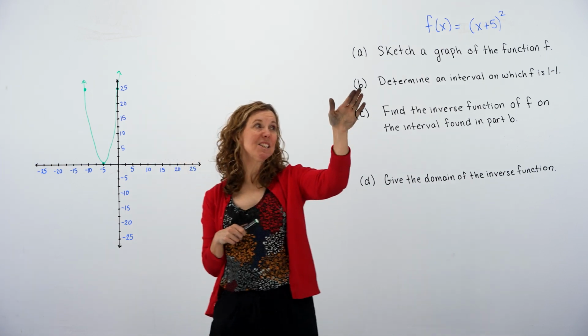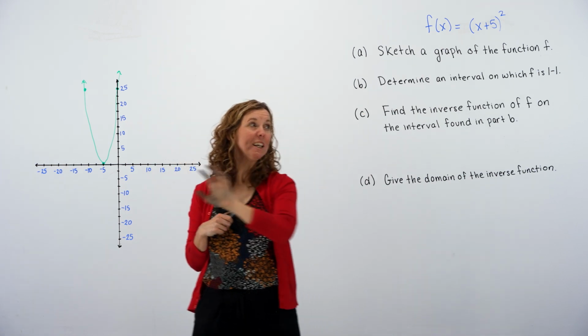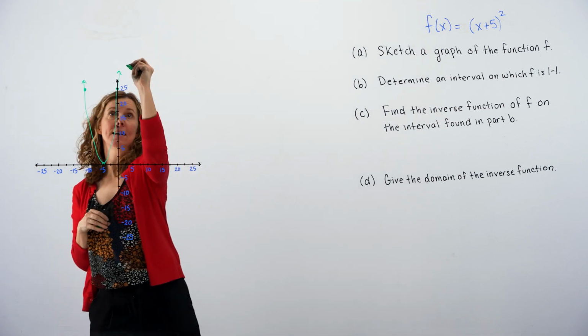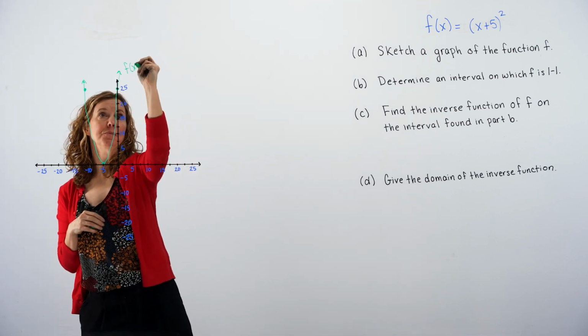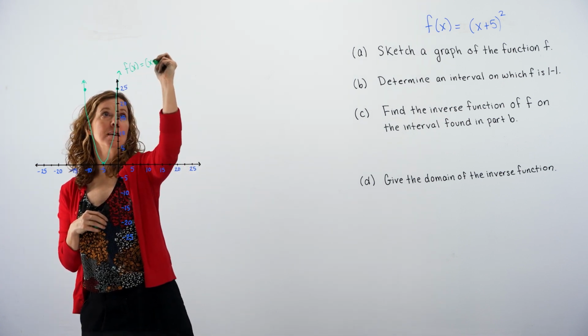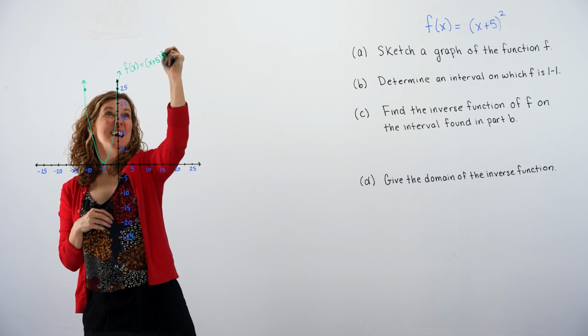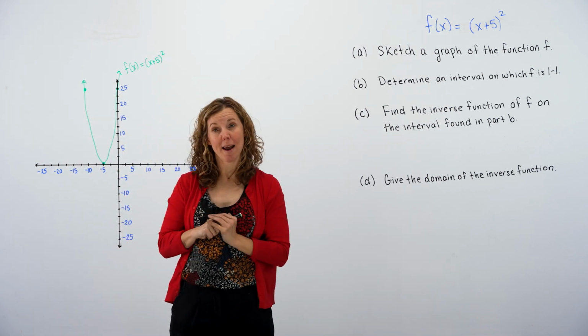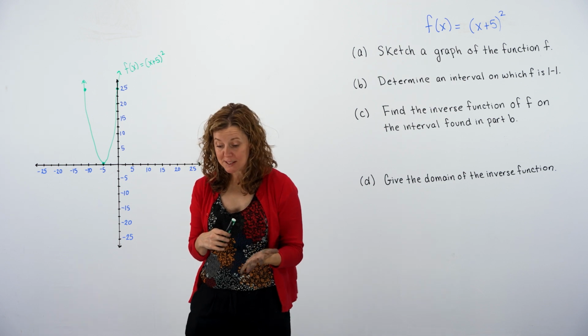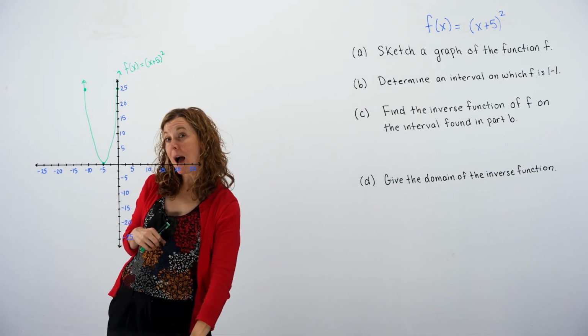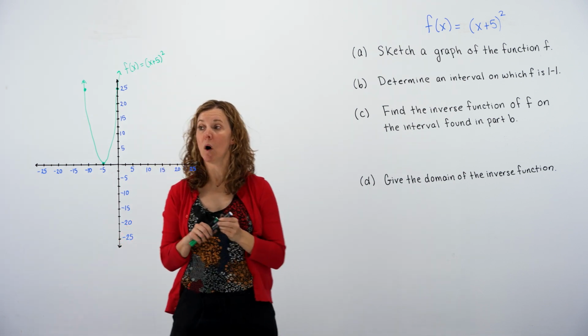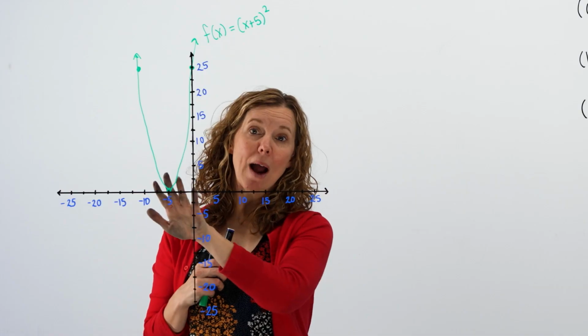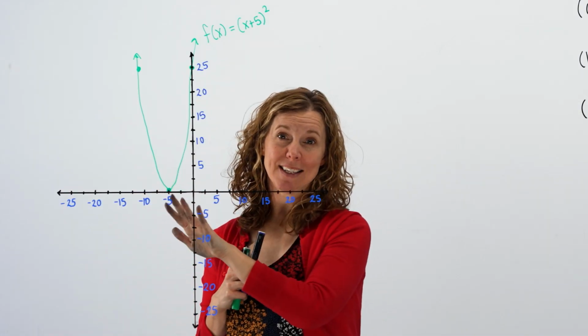Next, we need to determine an interval on which this function f of x that we just sketched is going to be 1 to 1. Now remember what it means to be 1 to 1. From a graphical perspective, being 1 to 1 means that a graph would pass a horizontal line test.